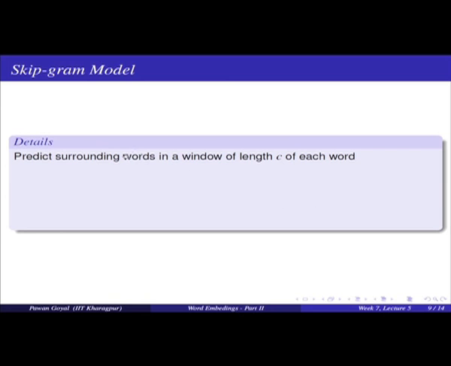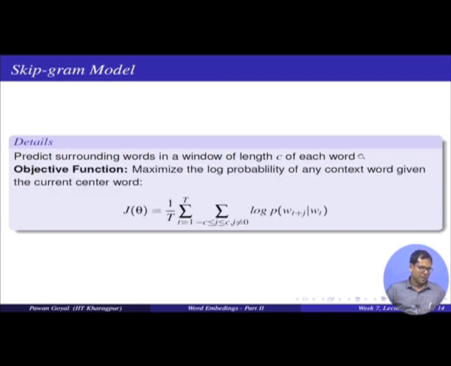So I am predicting surrounding words in a window of length c of each word. My objective function is, I want to maximize the log probability of any context word given the current center word. So I am trying to maximize this probability of W t plus j given W t, and sum over all the possible context words, and then I can sum it over all the possible words in my input, and this becomes my overall objective.